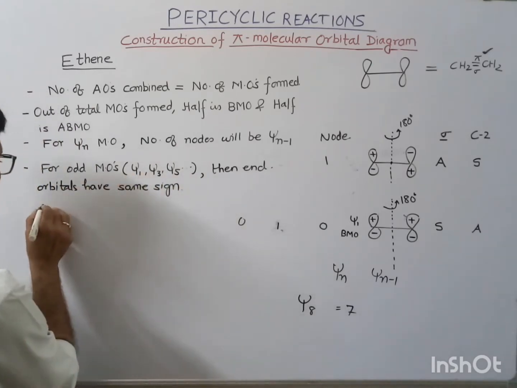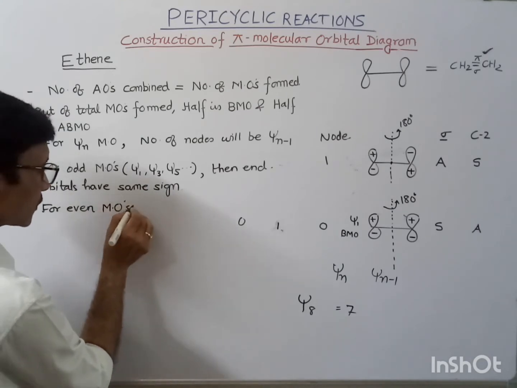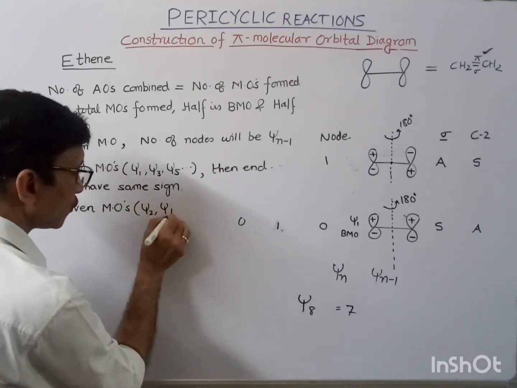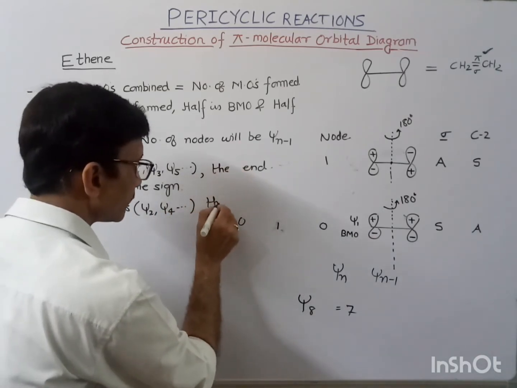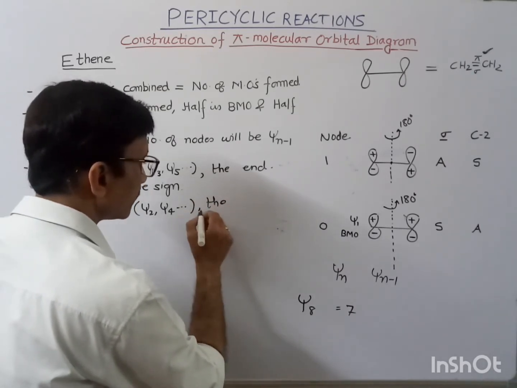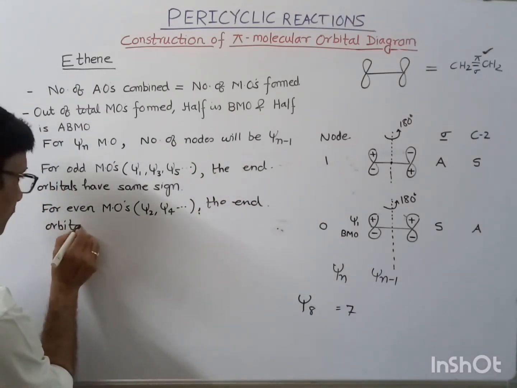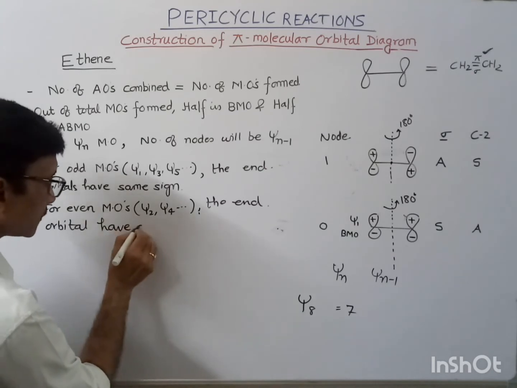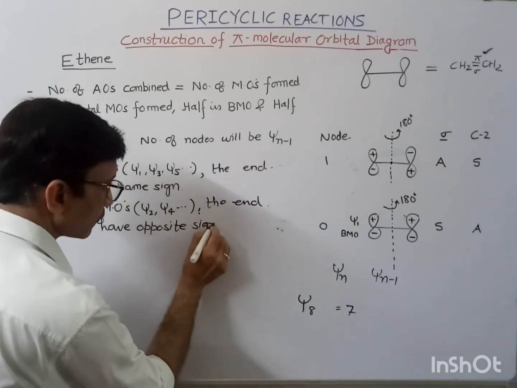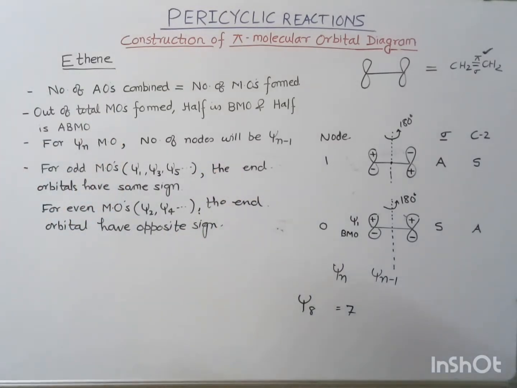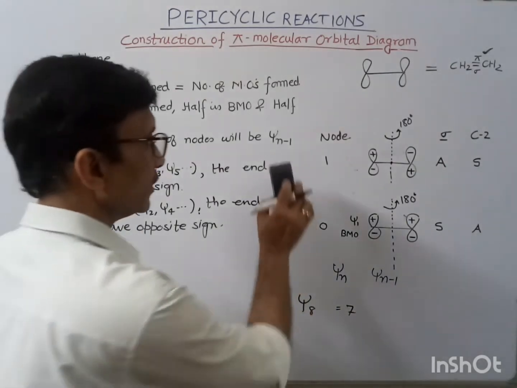Okay, and for even molecular orbitals like psi 2, psi 4 and so on, the end orbitals have opposite sign. So let me draw the molecular orbital diagram for butadiene. Then you will understand these rules much more clearly.